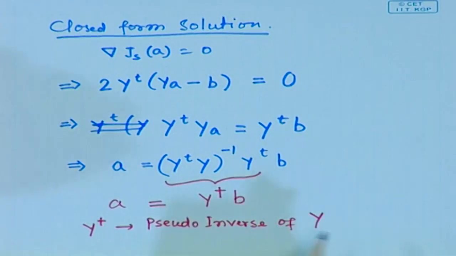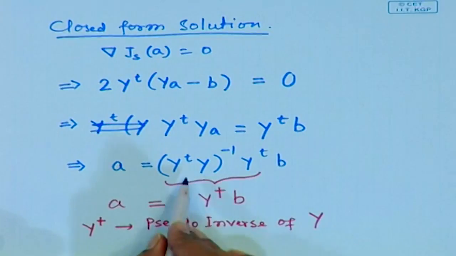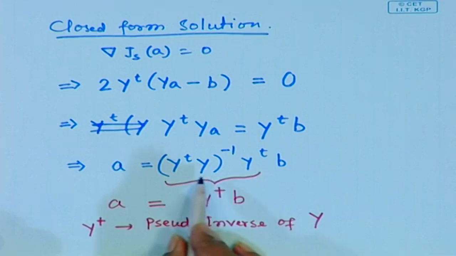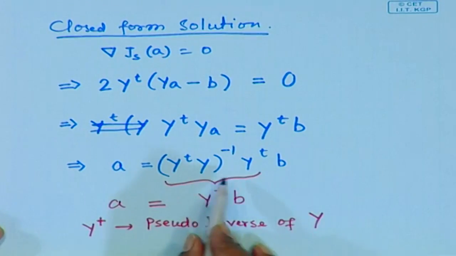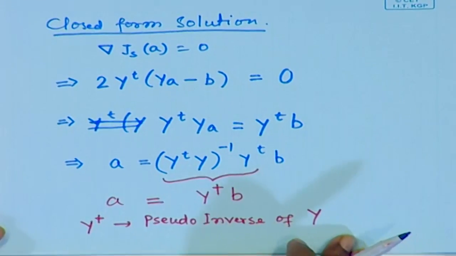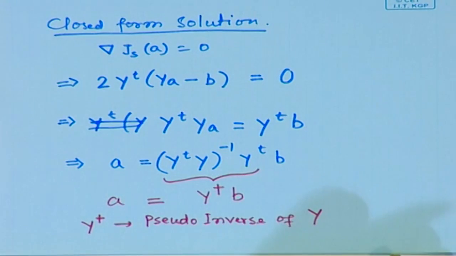So, I get a closed form solution for the weight vector A. But we said that in most of the cases this pseudo inverse exists. In most of the cases y transpose y is square and non-singular, but there is no guarantee that it will always be non-singular.